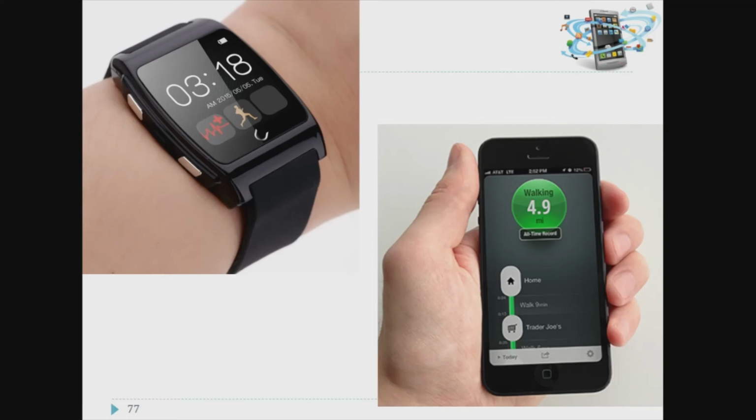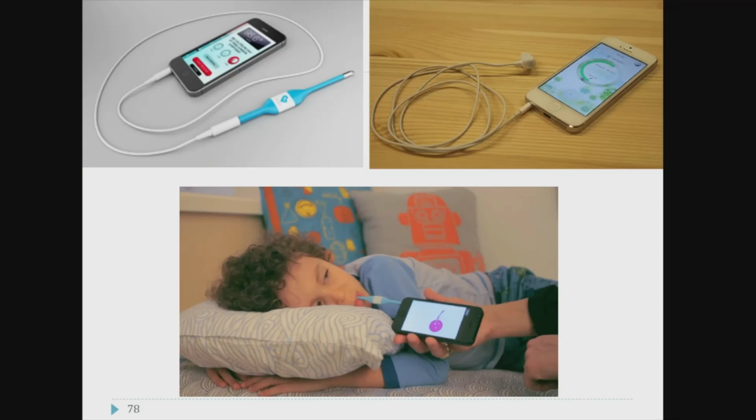You have a smartwatch, and then you can calculate your steps, 1,000 steps per day, for example. Okay, how many kilometers you have walked during that day. So those are referred to as sensors, and then you can have the thermometer.